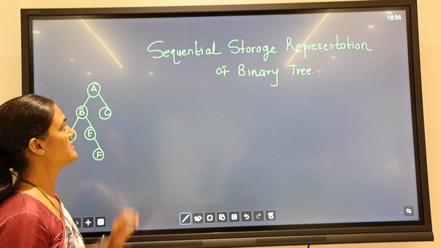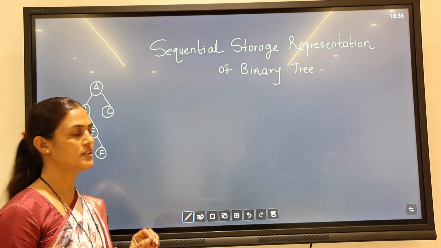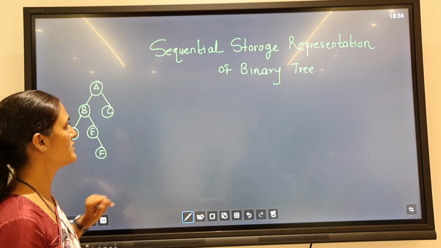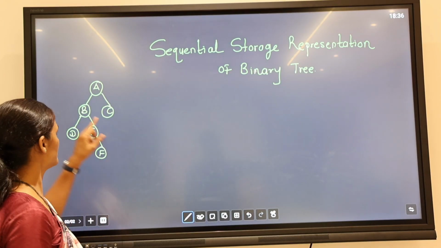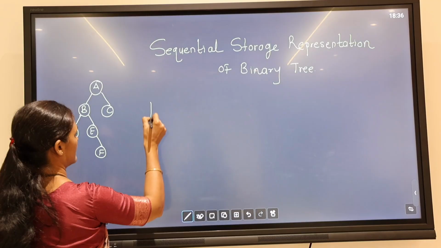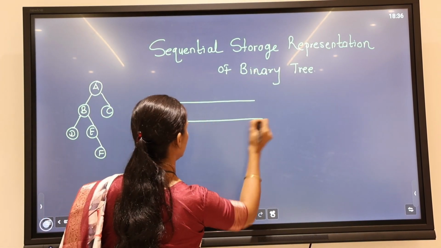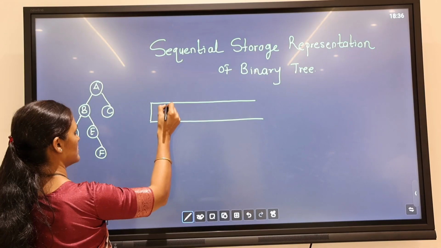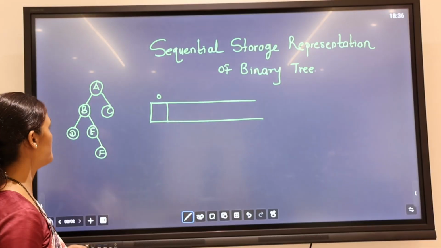Now see sequential storage representation of the binary tree. For sequential storage representation, we are going to use array. So for this binary tree, we can represent it using array like this. As you know, array index always starts from 0.